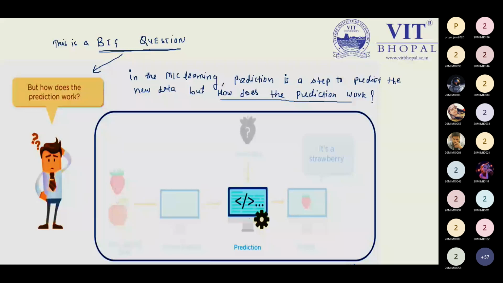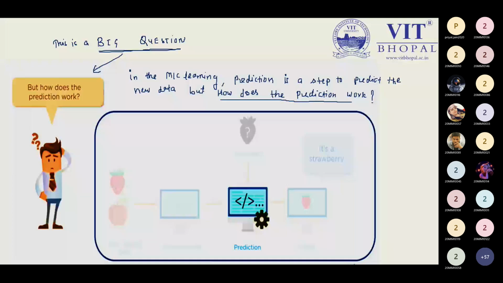How the prediction works is determined by the support vector machine, and that is the beauty of the support vector machine. That's why we are learning to understand what is the support vector machine. So the support vector machine algorithm will define everything properly, and it also tells us how you can predict the newly inserted data. That is the beauty of the support vector machine.